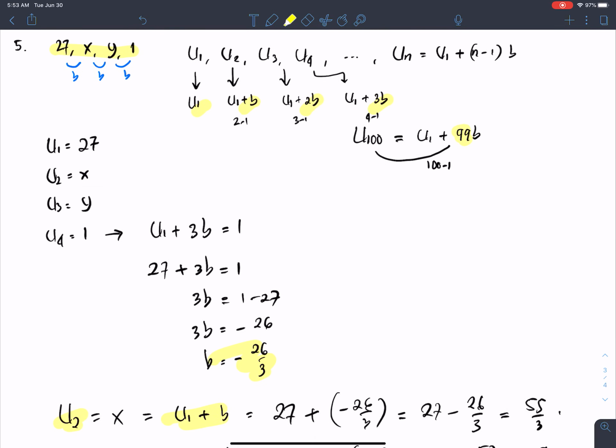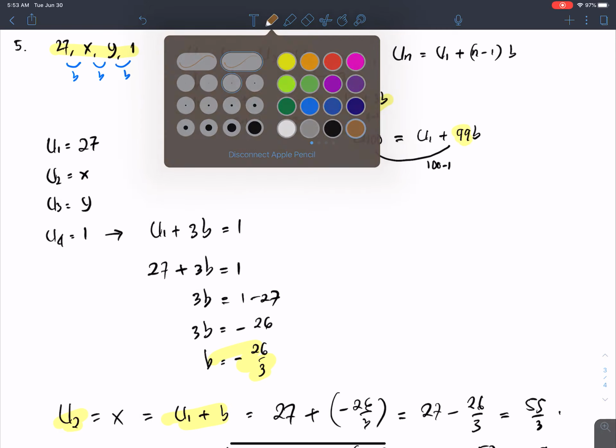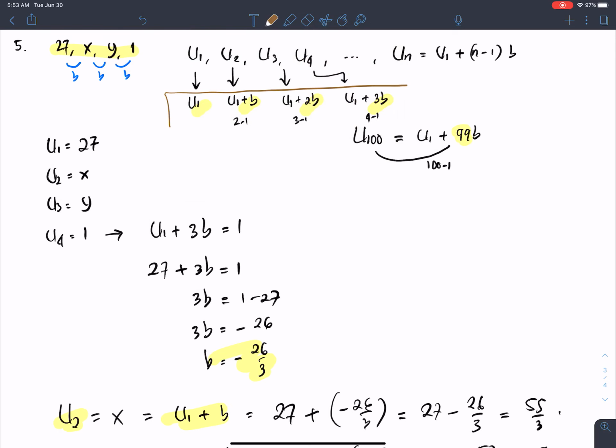I did not explain this particular question in the video previously, but you should do your analysis and understand the pattern of each term, whether it is arithmetic or geometric, as we found here.